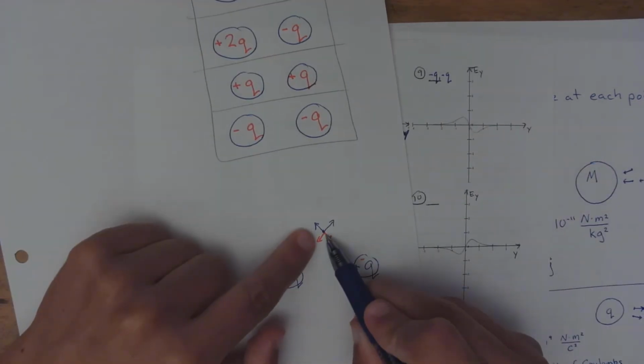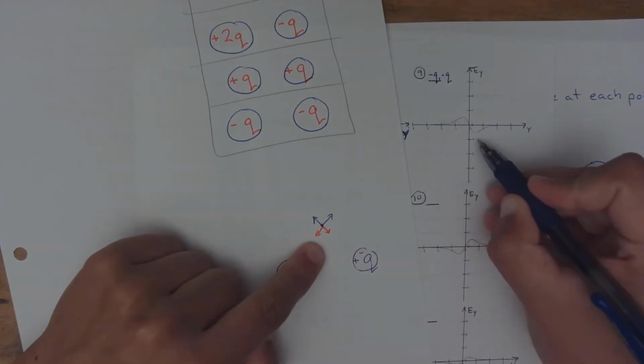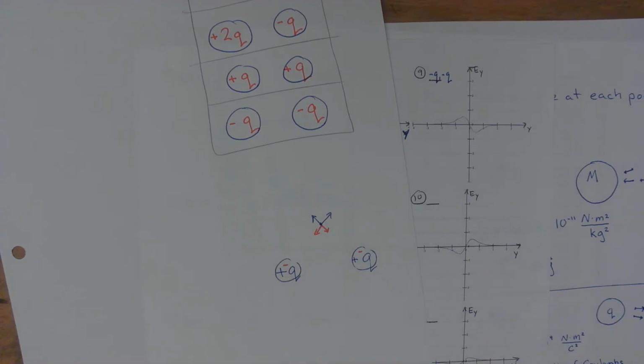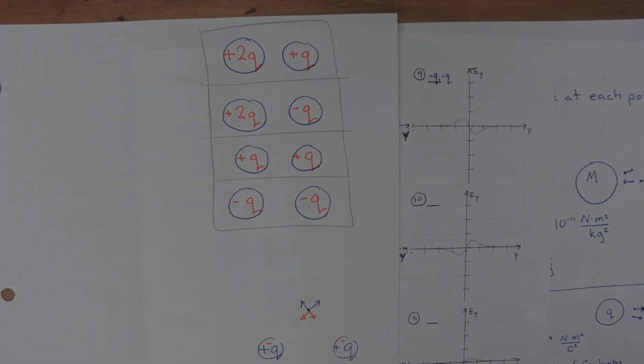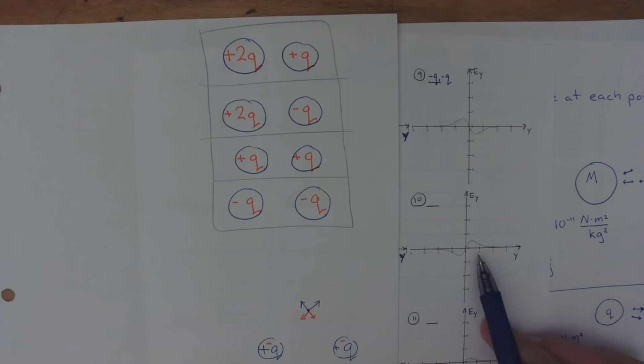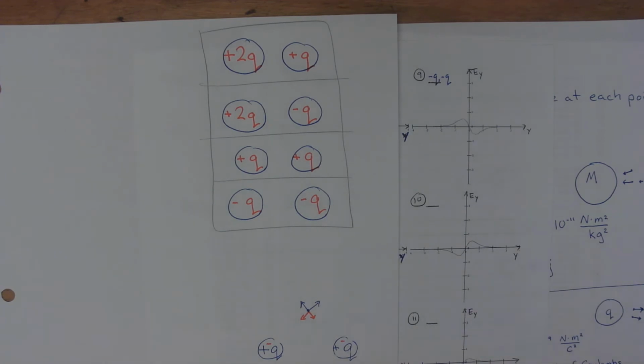And when we're up here, that's when y is positive, and the y component is pointing downward, so that gives us something negative there. So that's that one. And when we have plus q and plus q, we should have the same absolute value. So this graph here looks like it has the same value, but it's positive instead of negative.